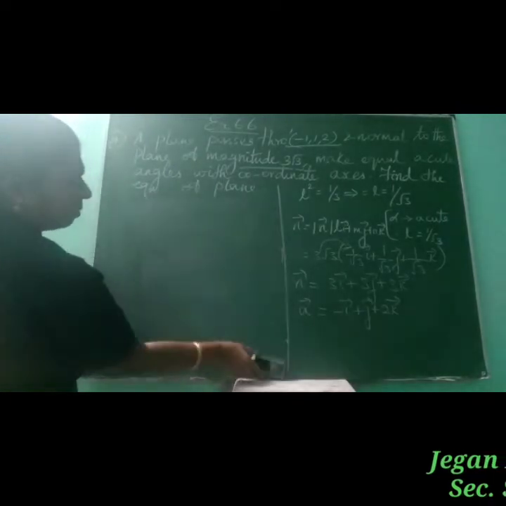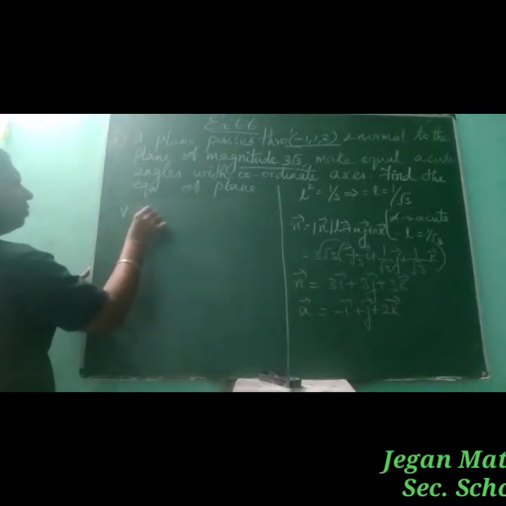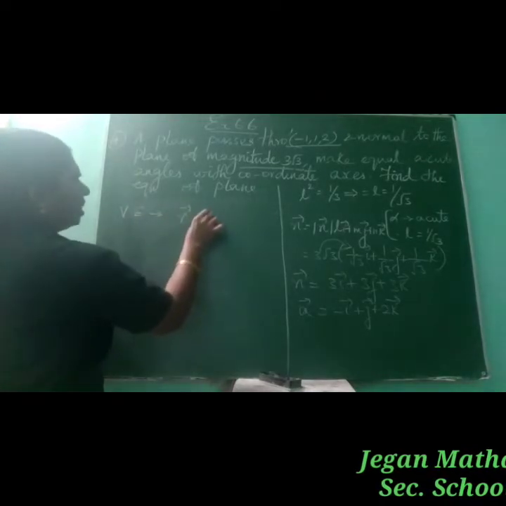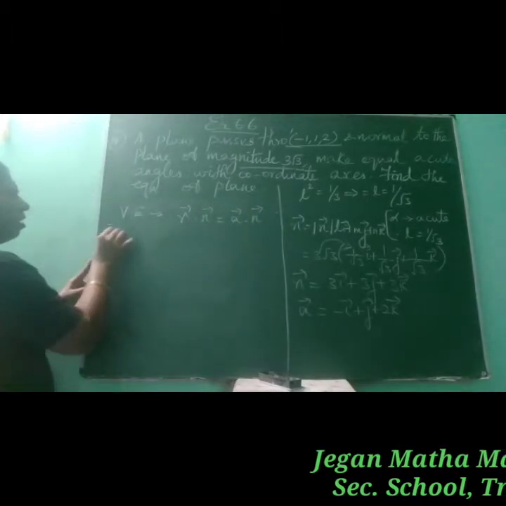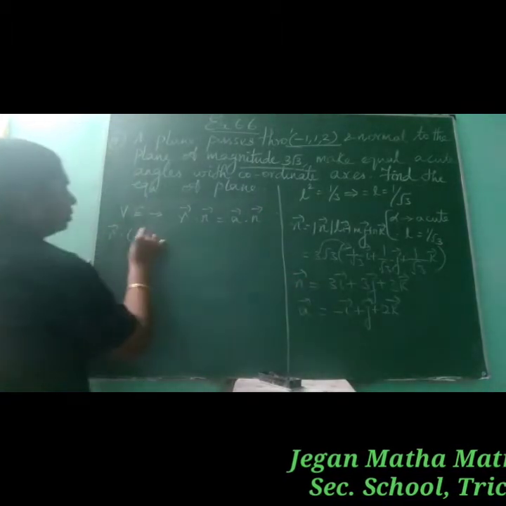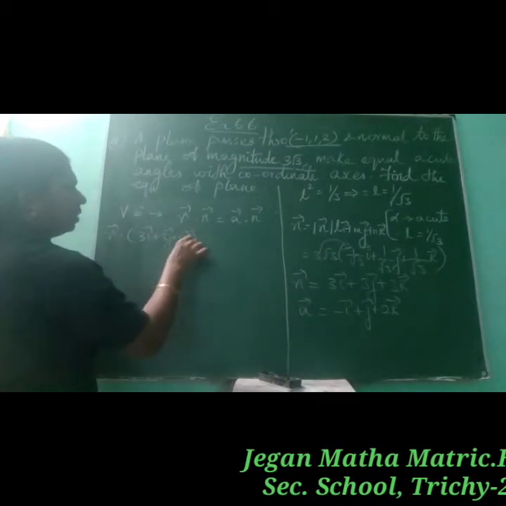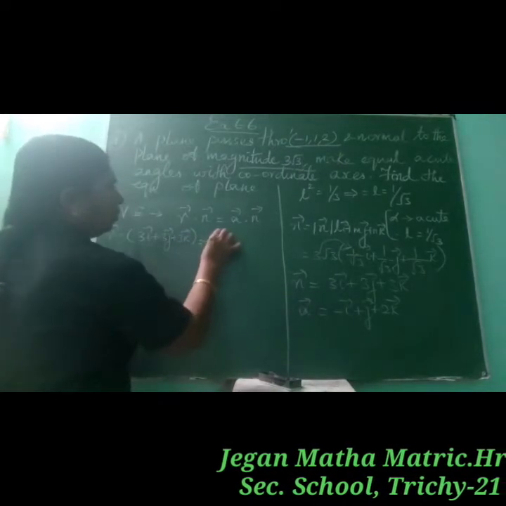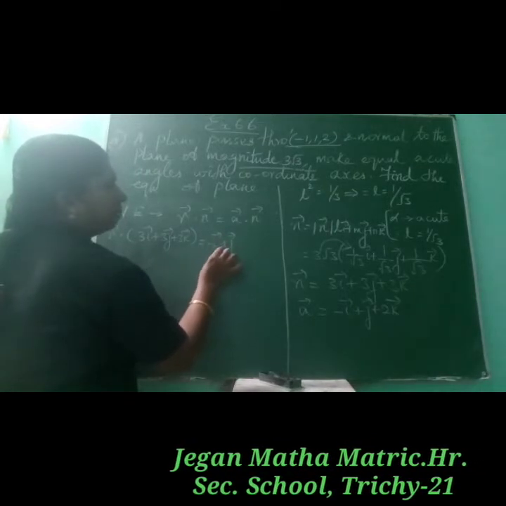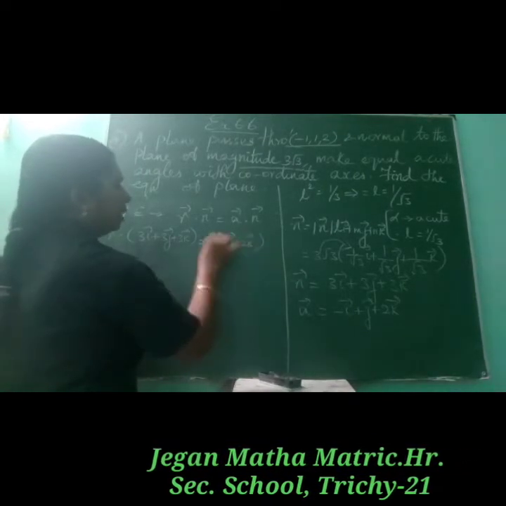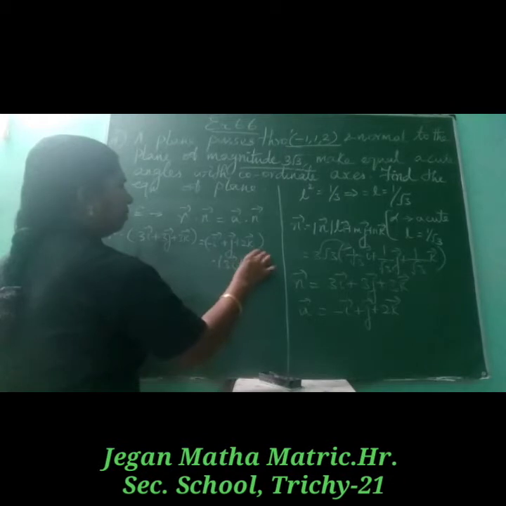The vector equation of the plane is r dot n equal to a dot n. So r dot n vector, which is 3i plus 3j plus 3k, is equal to minus i plus j plus 2k dot 3i plus 3j plus 3k.